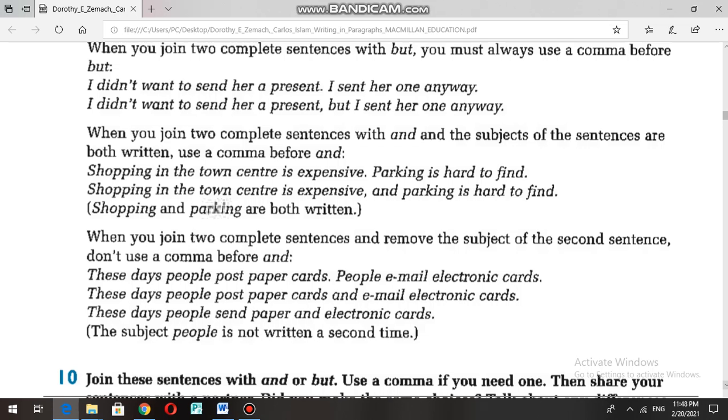The subject people is not written a second time, so it is the same subject in the first and second sentence. When you join them with and, you don't need to mention the same subject again.